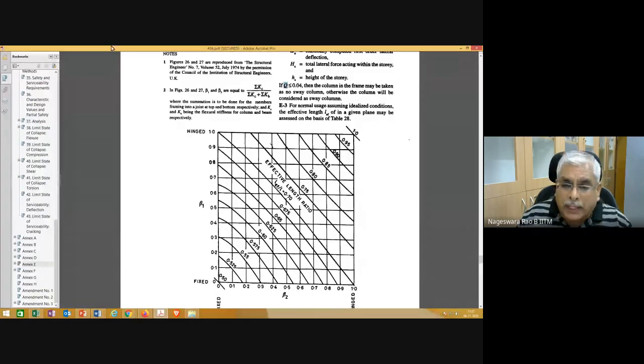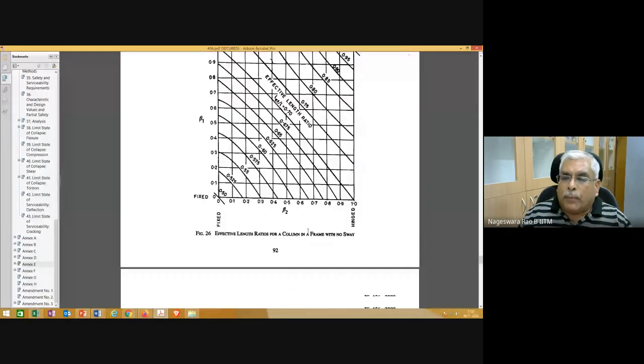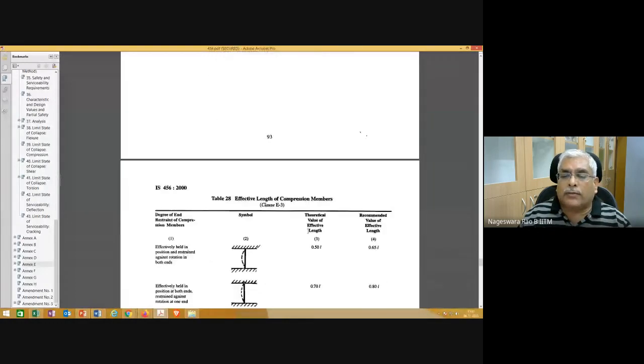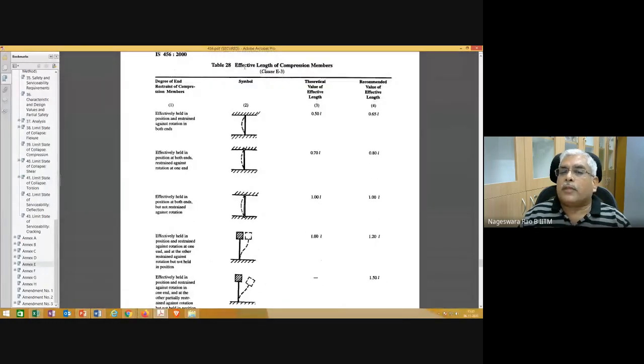For completeness, I'm showing you. But as a part of this course, we'll be making use of this effective length of compression members.